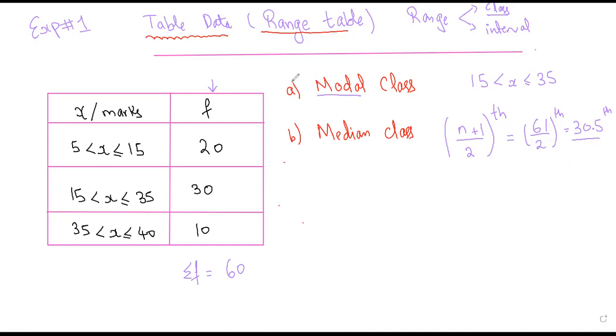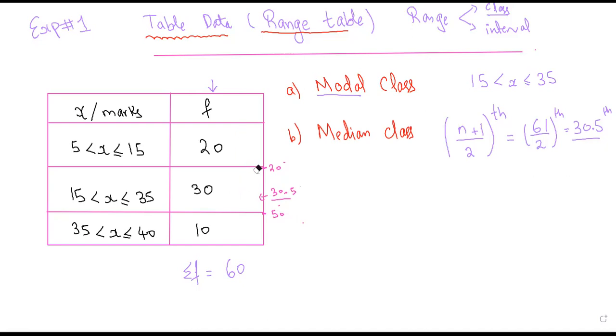And where exactly is the 30.5th term lying? Okay. So we'll have first 20 terms here, then 21, 22, 23, 24, 25, 26, 27, 28, 29, 30. Okay. So here we have 20. Then by the end of this, we will be having the 50th term. It means that the 30.5th term would be lying here.